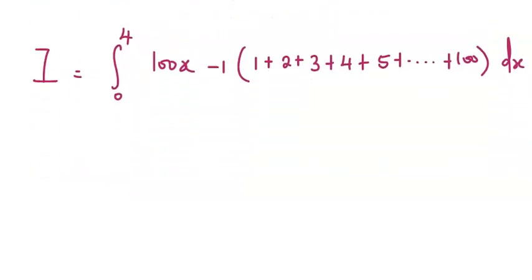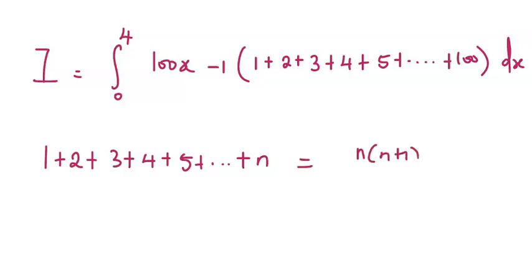We know this nice formula for the sum of the first n natural numbers, right? So 1 plus 2 plus 3 plus 4 plus 5, and this continues up to the nth term, is equal to n times (n plus 1) divided by 2, right?